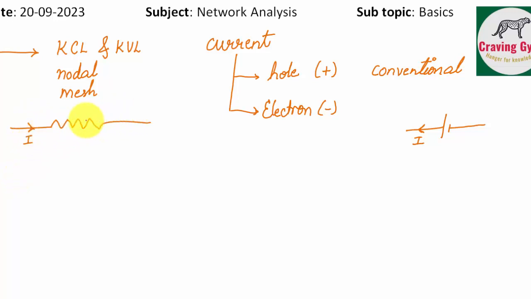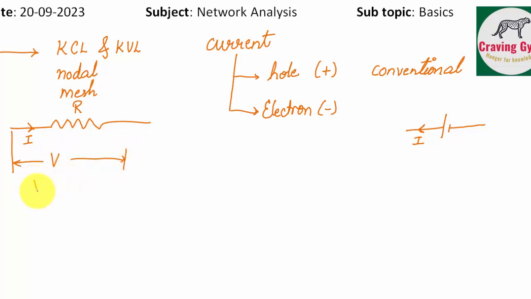Now the symbol of resistor I have written over here, and I am going to represent it by capital R. Now what is the current that is getting into the resistance, and what is the resistance offered by a material, and that's how you are going to define a voltage across a resistor, right?